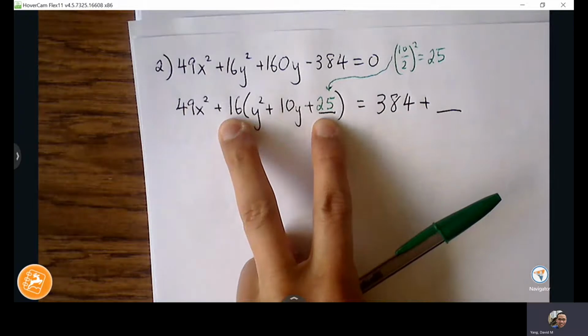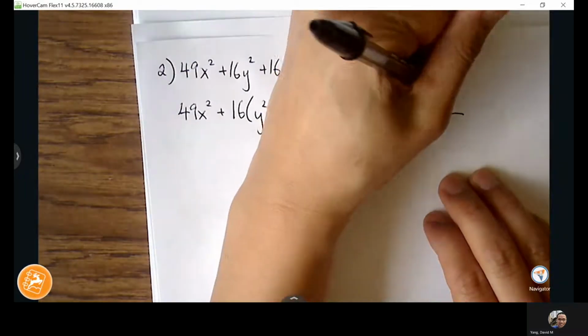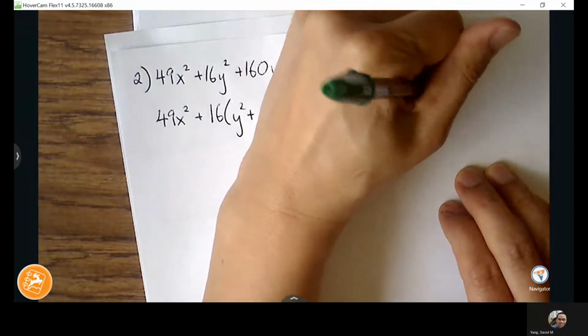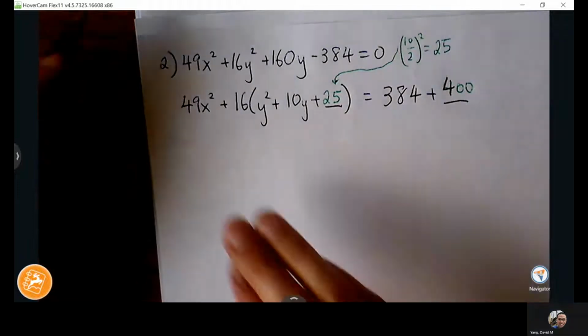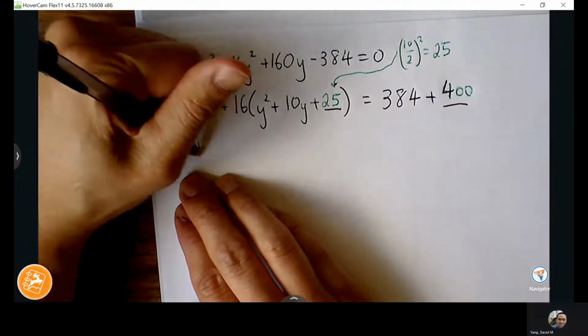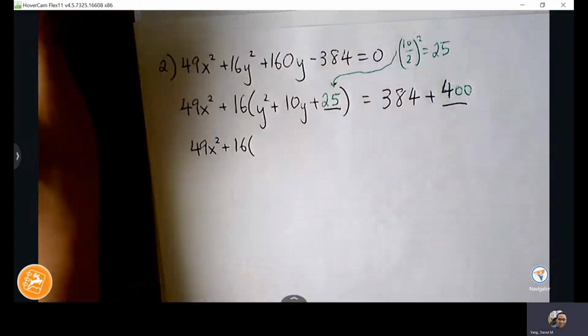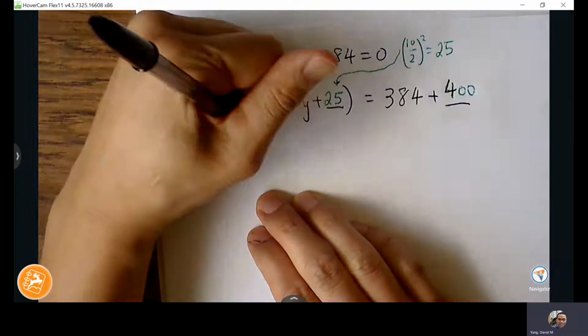Yeah. All right, let's do some cleanup here. Multiplies to be 25, adds up to be 10. That's 5 and 5.